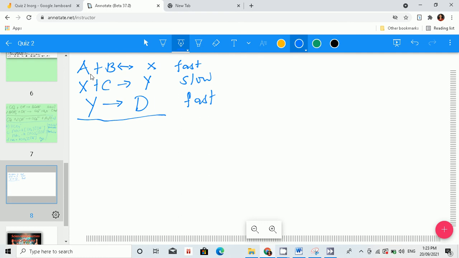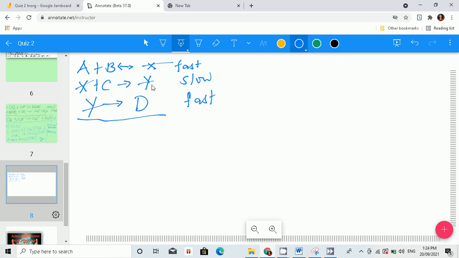Now, let's look for intermediate reactions. Can we find intermediates here? Yes, we have X, and also Y. You see, X appears as a product and was consumed.